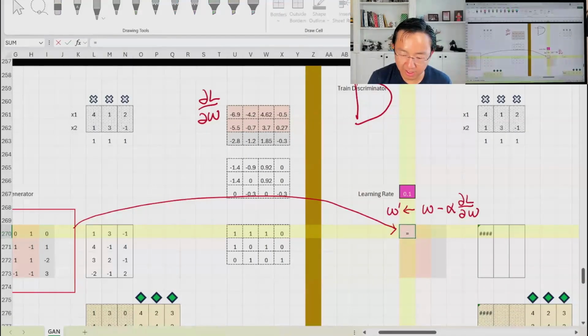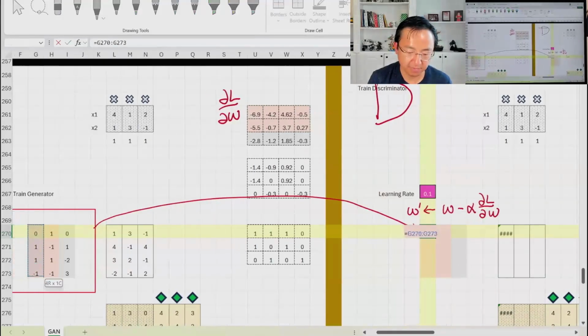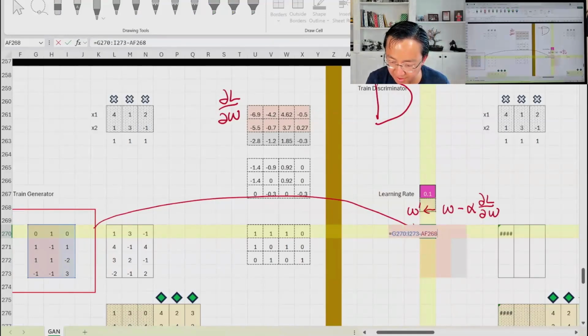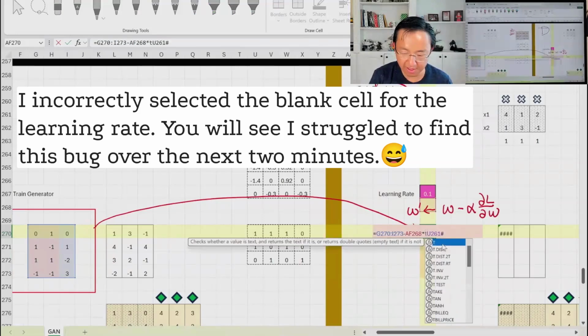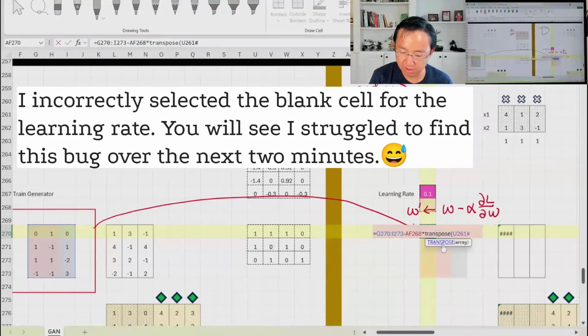My new weight will be my old weight minus my learning rate 0.1, times my partial derivative here. But for the shape to match, I'm going to have to add my transpose. So that's how I implement this.